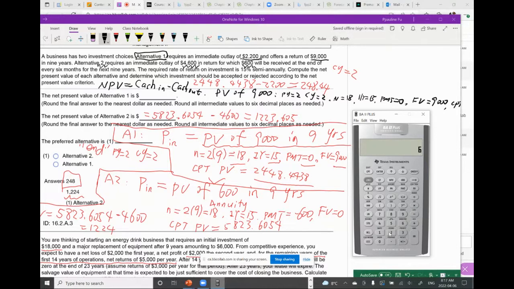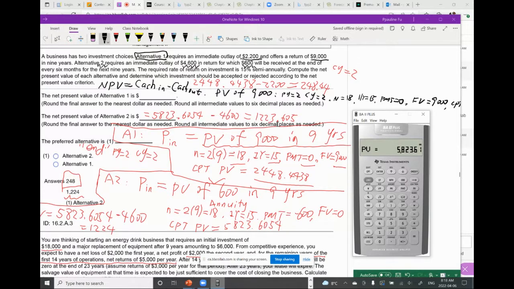PMT negative 600. 0 is FV. Compute PV, and you get $5,823.61. This is the cash in, then minus cash out, you get net present value $1,223.61.